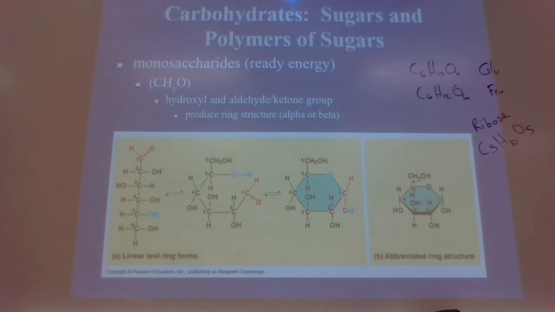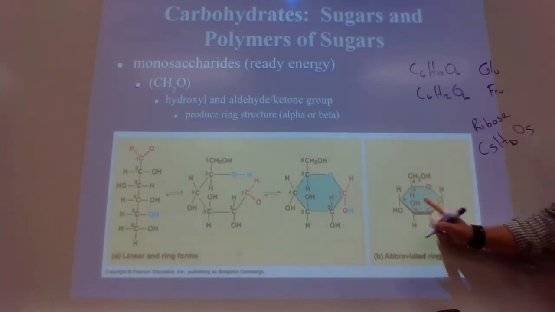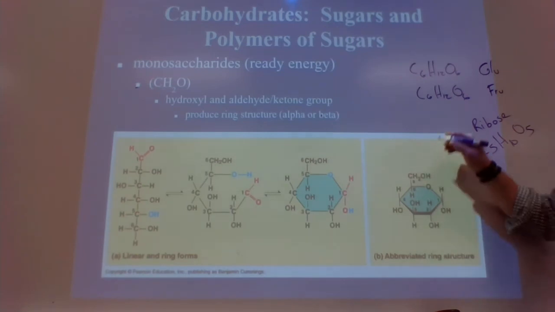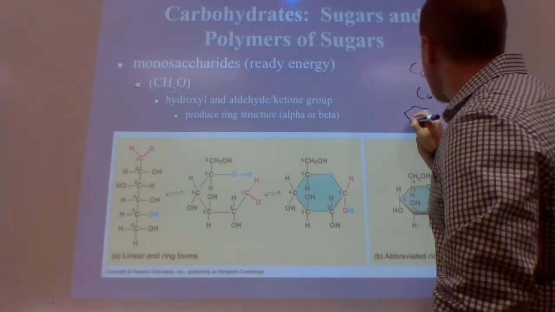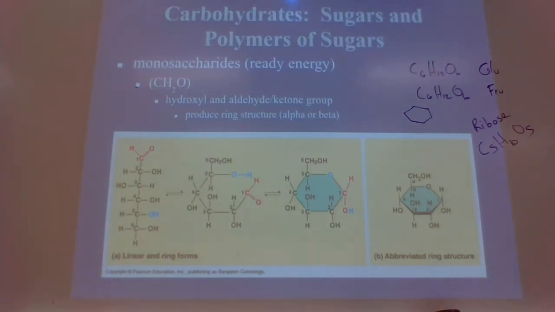Glucose, fructose, ribose, these are all examples. Dextrose is another one of monosaccharides. You should always be able to identify glucose, because if you look at the structure of glucose, it is shaped like a hexagon. Right? Glucose is really easy to identify.